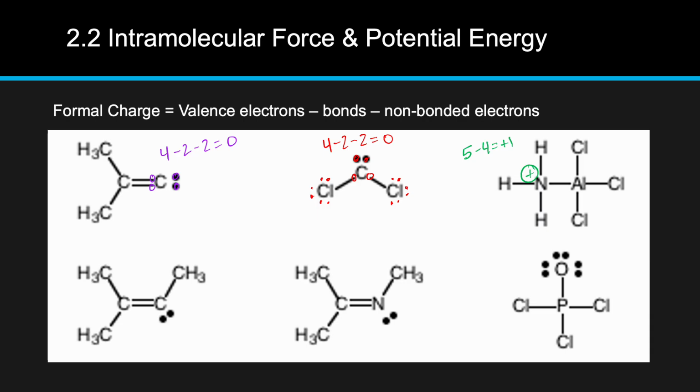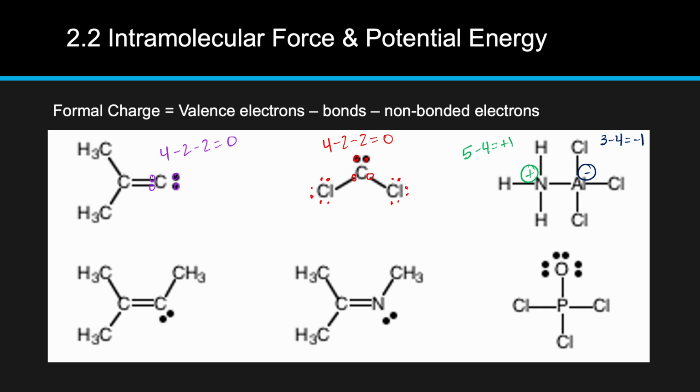Well, this has 4 bonds, so we're going to calculate formal charge. Aluminum has 3 valence electrons minus the 4 bonds here gives us a -1. So this aluminum has a negative charge. So overall, this molecule has a charge of 0 because we have a positive 1 and a -1, which balance out to 0. But the nitrogen and the aluminum atom both have a formal charge.